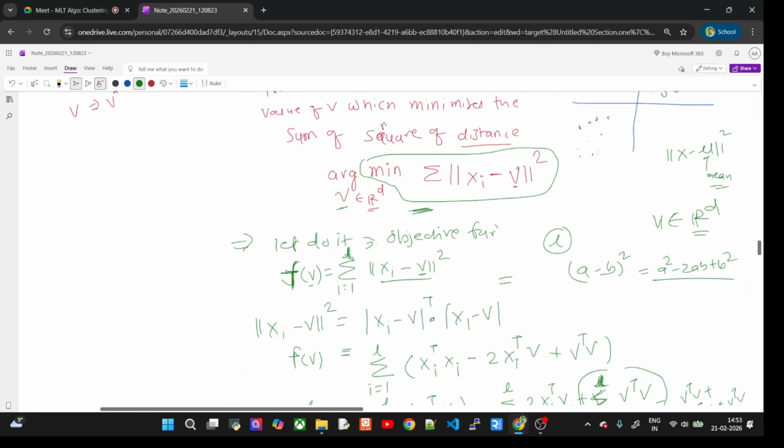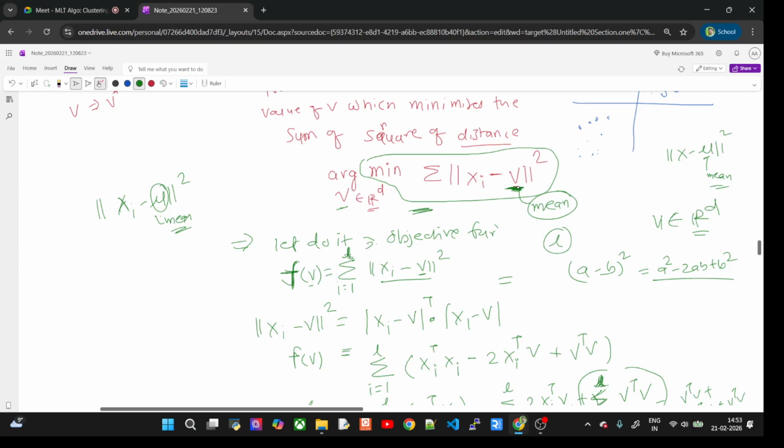And what will be the value here? This value should be the mean. So hence we said xi minus mu, every time xi minus mu whole square. Mu is nothing but your mean. So here we proved that v is nothing but your mean value.